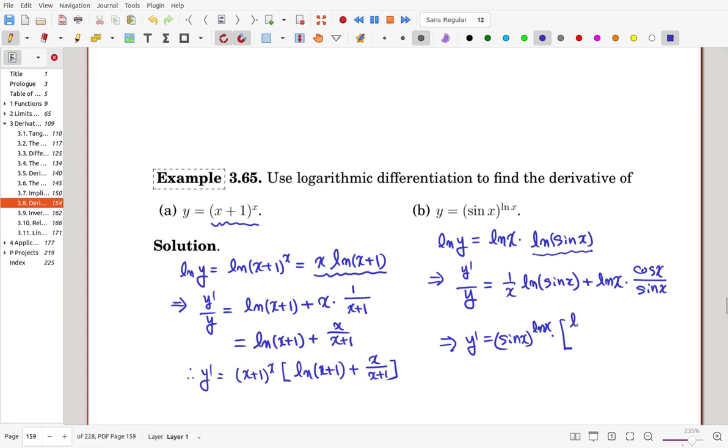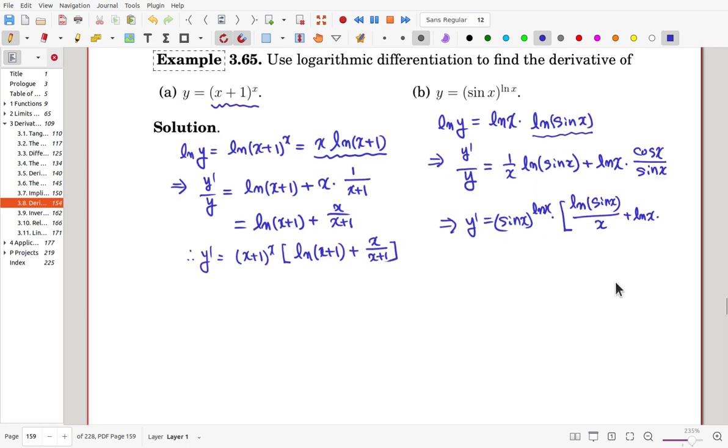And here the natural logarithm of sine x over x from the first one. And now the second one is the natural logarithm of x times that, which is basically cotangent, but we write down here the same cosine x over sine x, and like that.